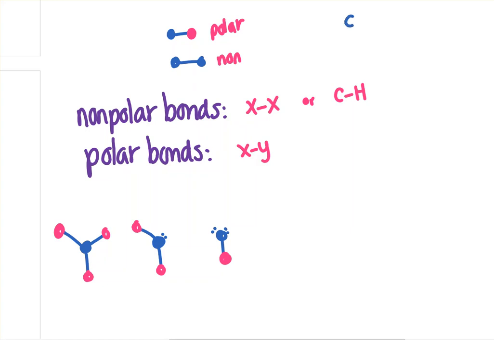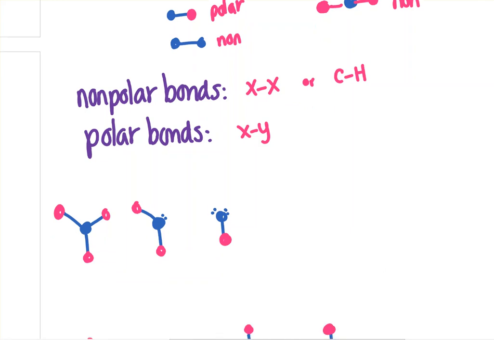Another kind of linear one would be where you have one like this, and this would be non, because even though it has polar bonds, you see how they're opposite each other, they kind of balance each other out. So that would be a non. It wouldn't have a positive end and a negative end.